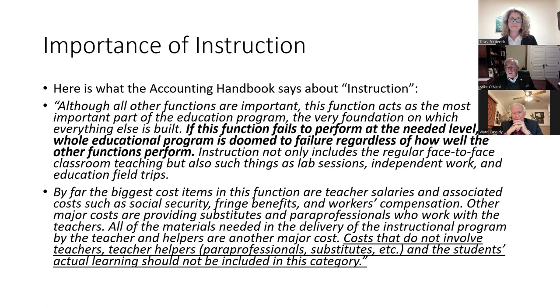Incidentally, I'm amazed by the number of individuals that don't understand that an instructional cost that goes into account code 1000 are all the things that a teacher needs in the classroom. Yet how many times do we hear about teachers feeling they have to go out to their local Walmart and buy supplies?